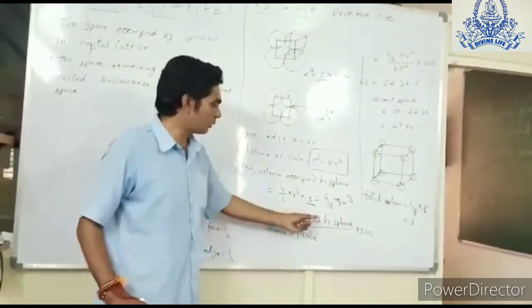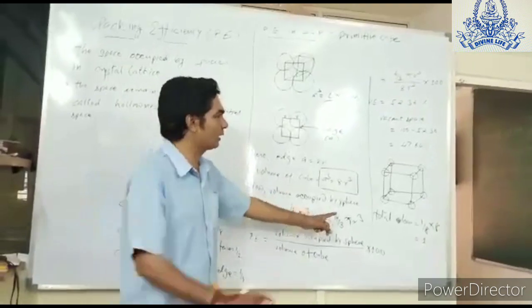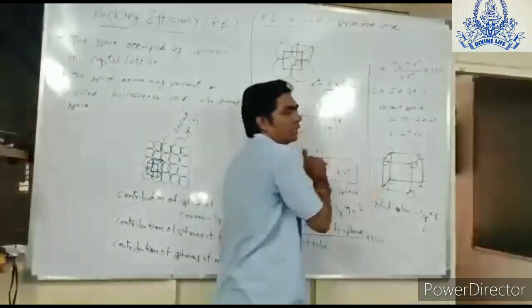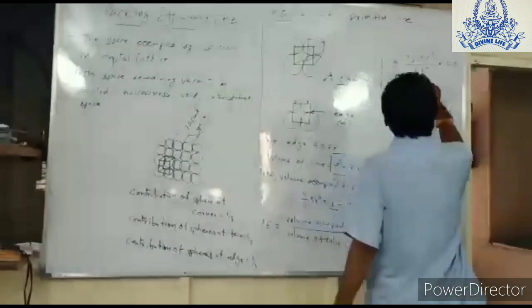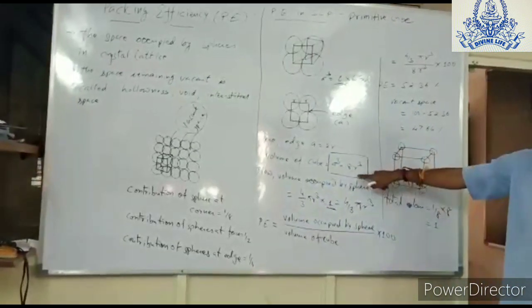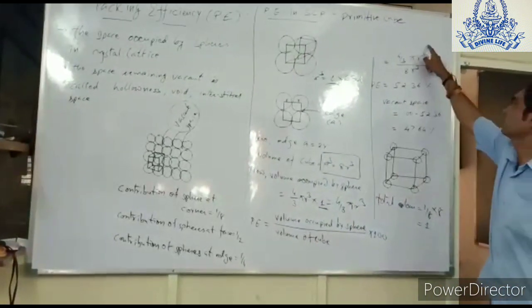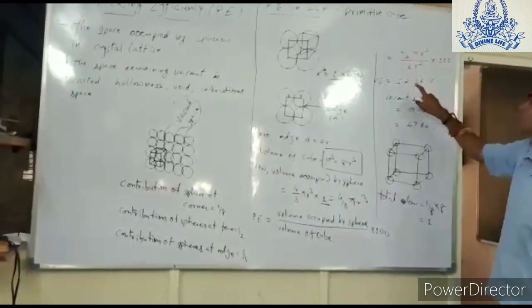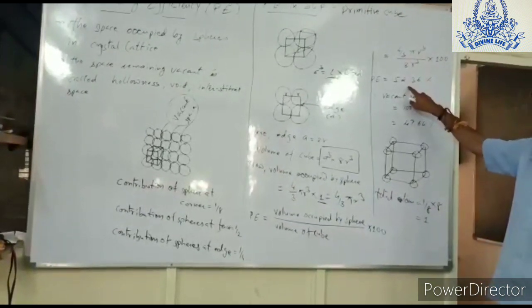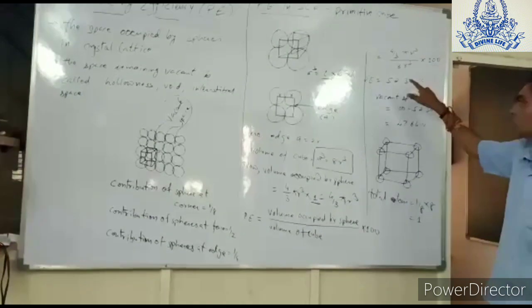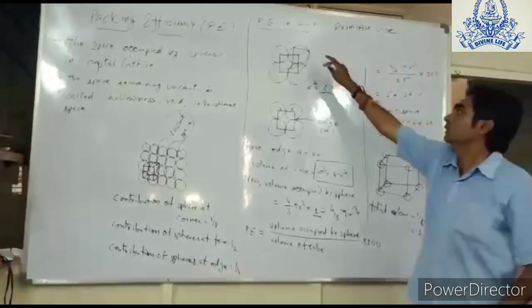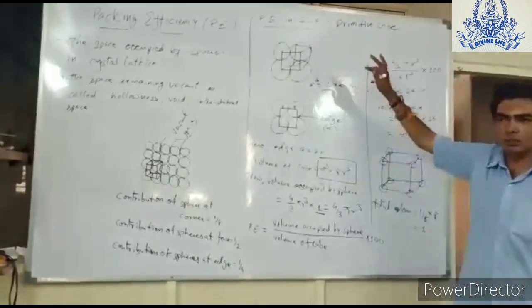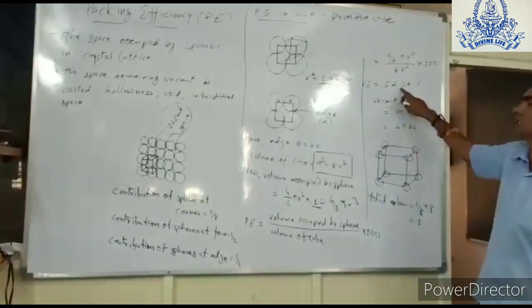So volume occupied by sphere is 4 by 3 pi r cube, and volume of cube is 8r cube, into 100, and this will become 52.36%. So total packing efficiency in primitive cube or SCP simple cube will be 52.36.